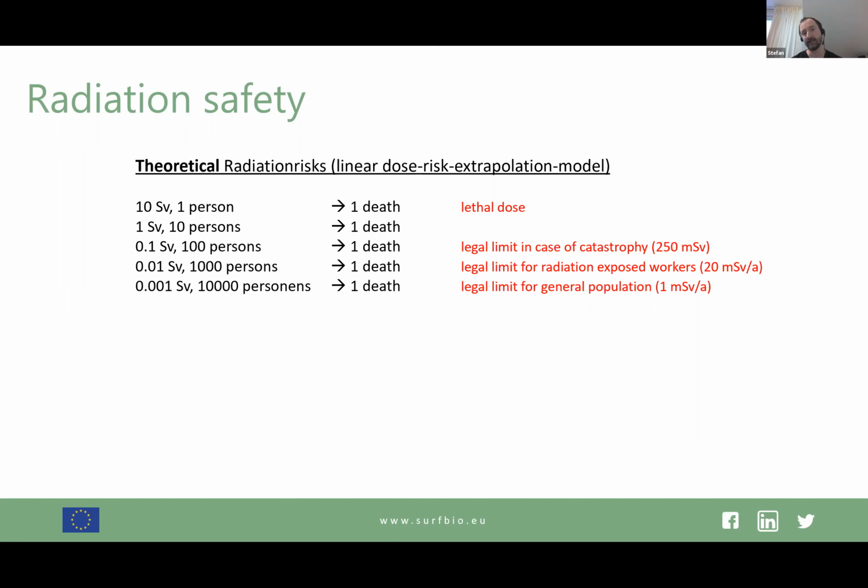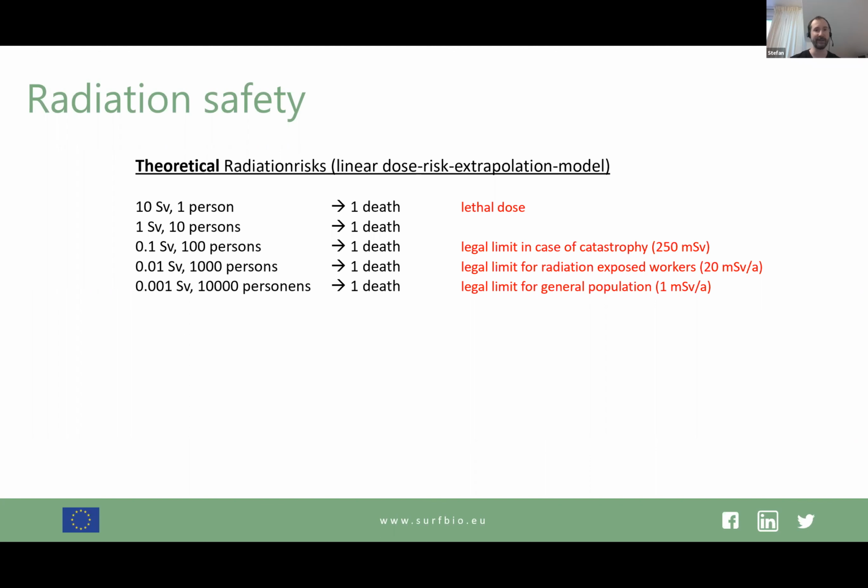In this range is the legal limit for radiation exposed workers of 20 millisieverts per year. And then you have 1 millisievert per 10,000 persons, 1 death. This is the legal limit for the general population, and that's also basically equal to the normal background radiation.